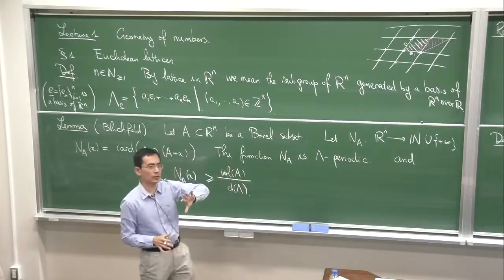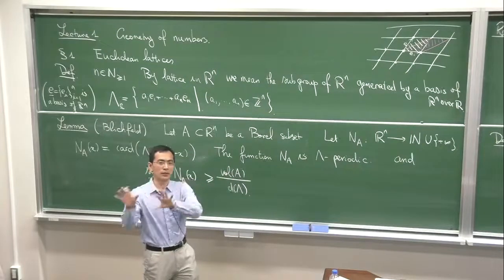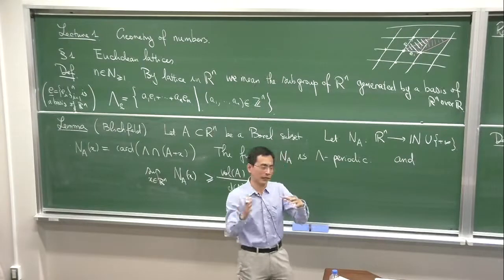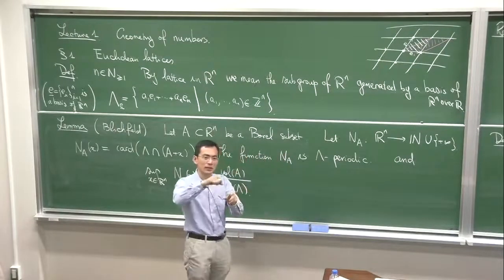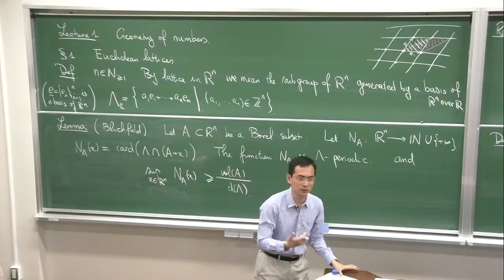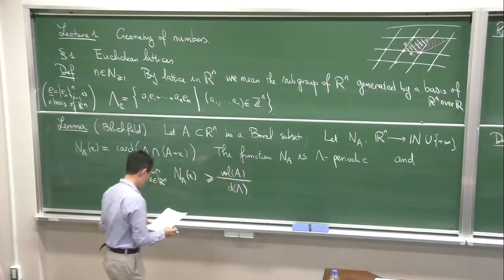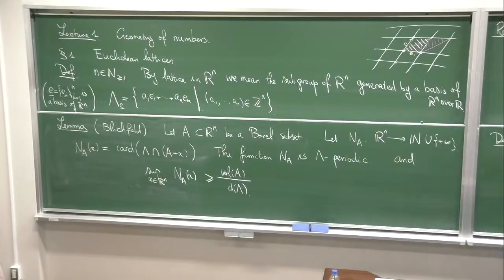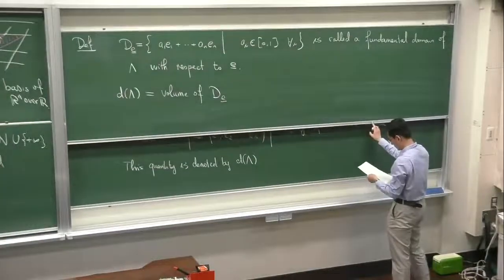The lemma says that if you are allowed to move your Borel set arbitrarily, then at some translation you will find many lattice points if the volume is big. I will explain the proof of this lemma.